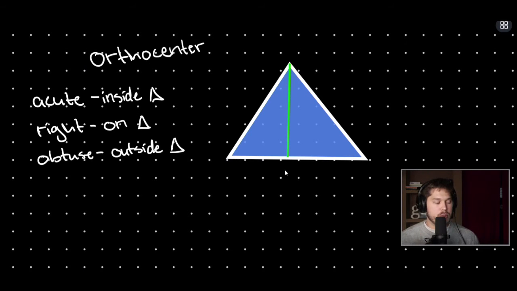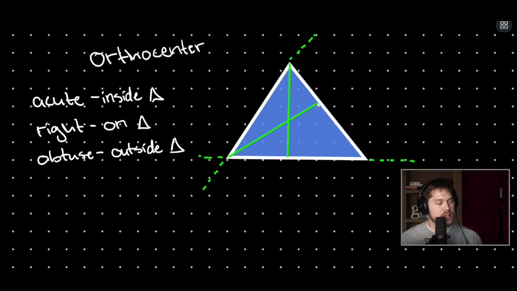Now the opposing side, we want to imagine that it extends out, and wherever it intersects this line would be the orthocenter. Okay? However, with acute triangles, as we already said, it's going to fall inside the triangle, so these lines aren't as needed.